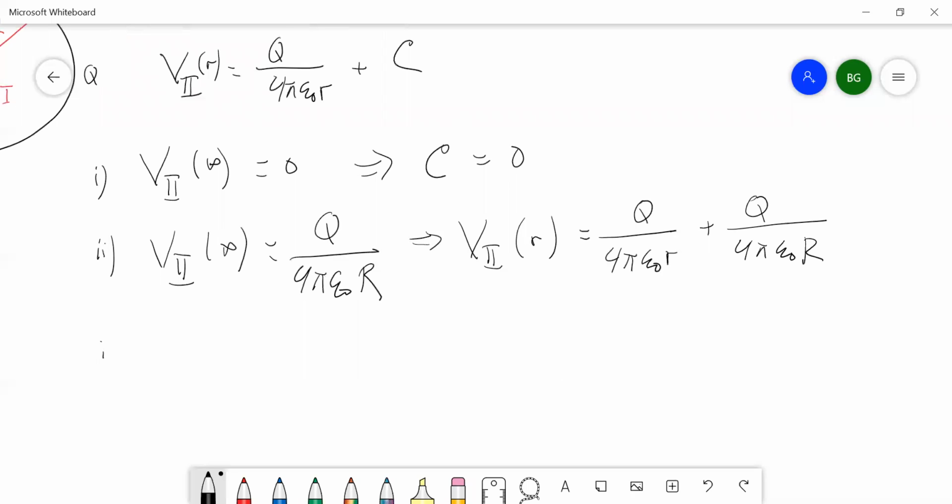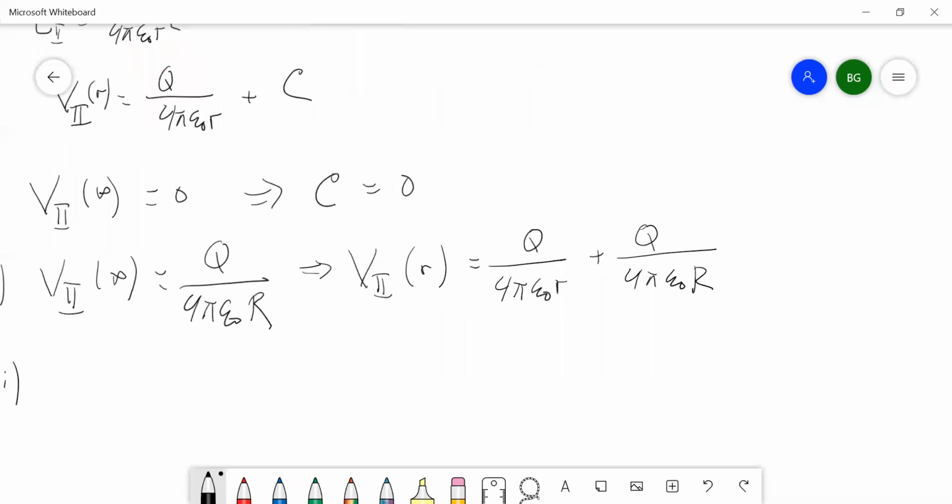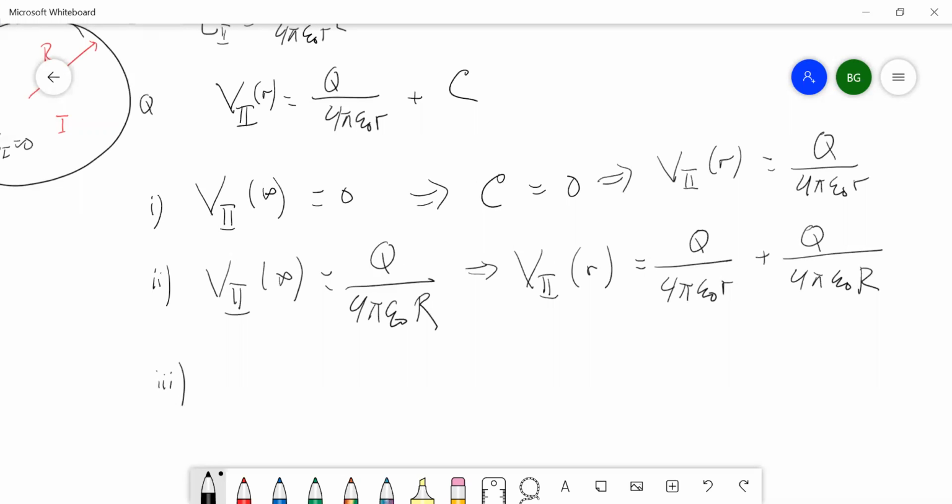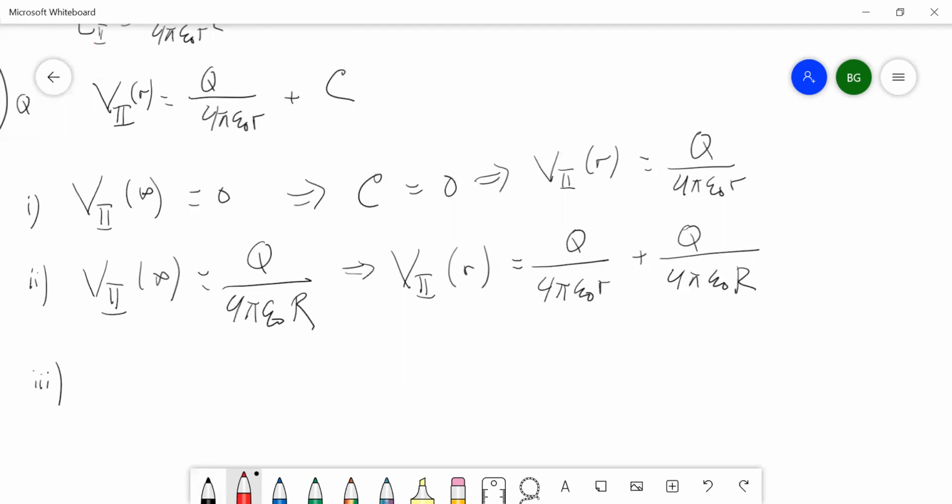Well, you can make any choice. This one is V2 of r, Q over 4. Of course, these two cases are different because the boundary value we have set is different.